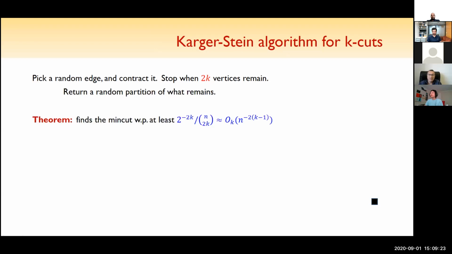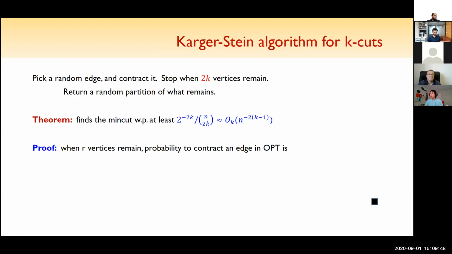Here let's give a simple, classical proof of why this works. The theorem we're going to briefly go over is that this simple algorithm will find some fixed min k-cut with probability at least this quantity here.